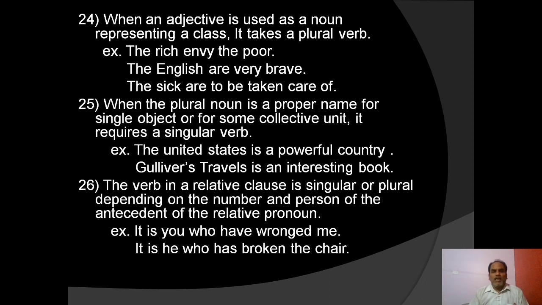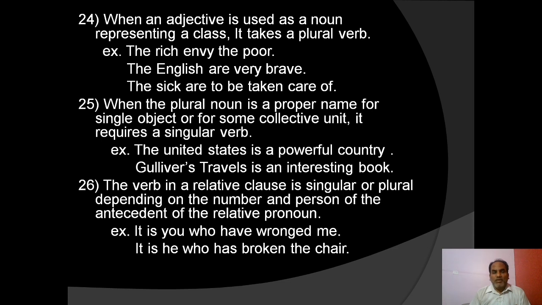When the plural noun is a proper name for a single object or for some collective unit, it requires a singular verb. Suppose, the United States is a powerful country. The United Kingdom is in Europe. Gulliver's Travels is an interesting story. These nouns end with s, but they are singular.